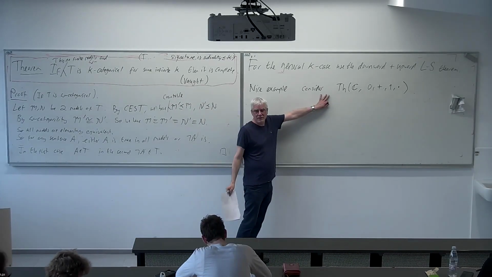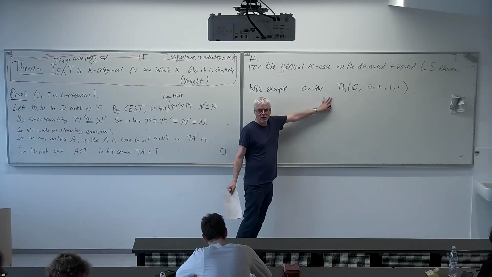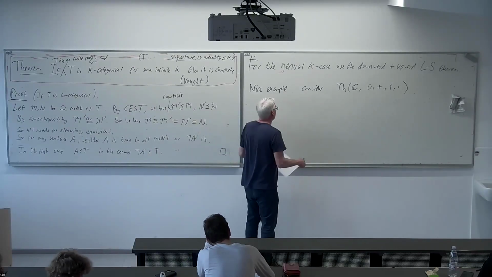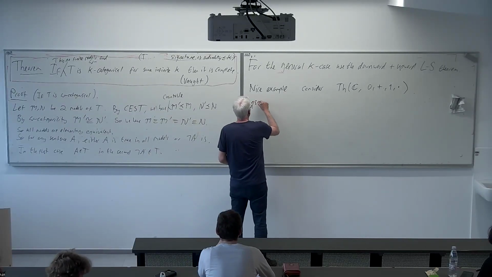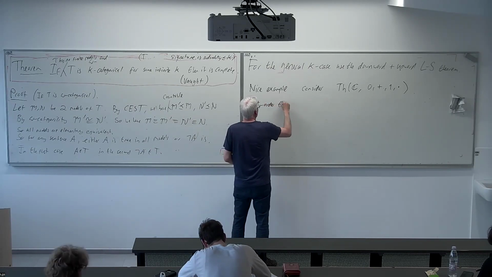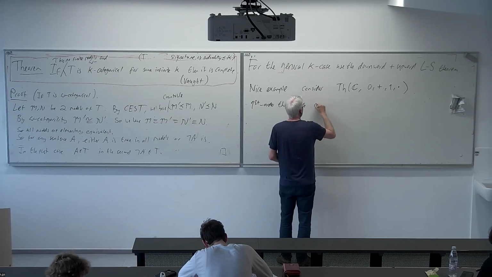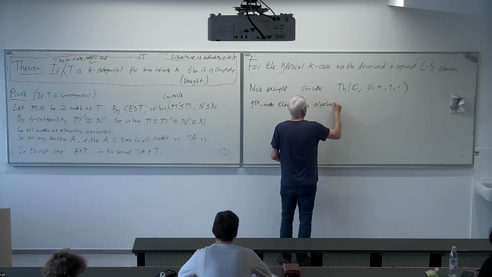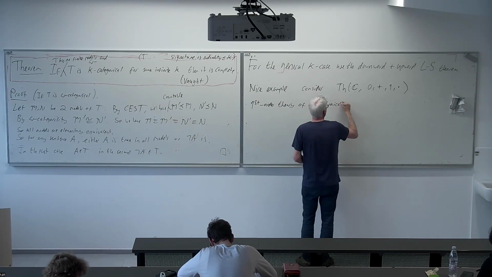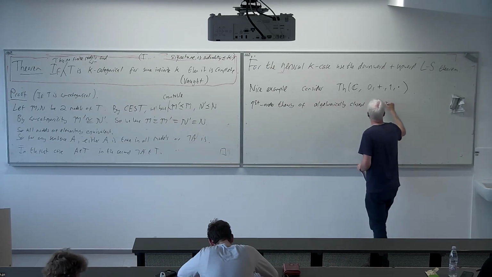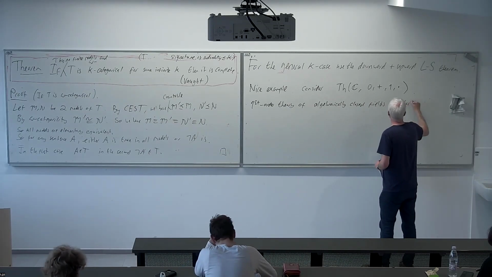So this is the first order theory of an algebraically closed field of characteristic zero. So the first order theory, let's say, of algebraically closed fields of characteristic zero.